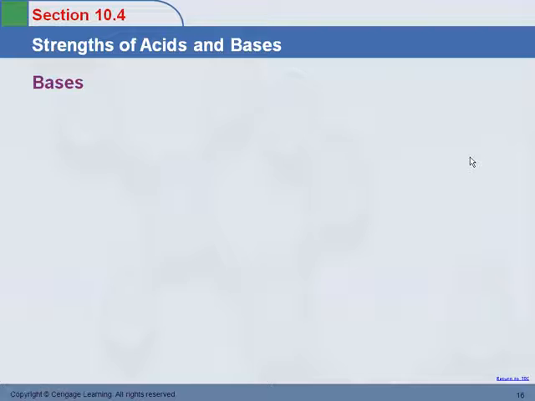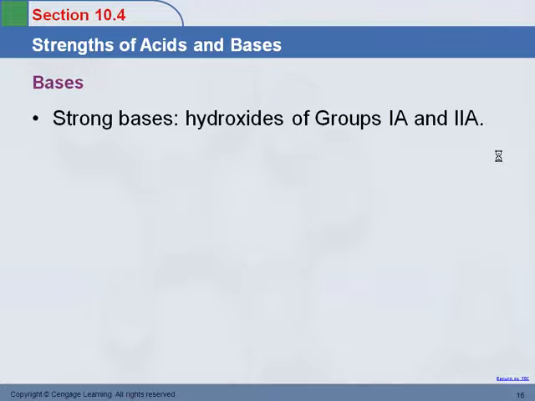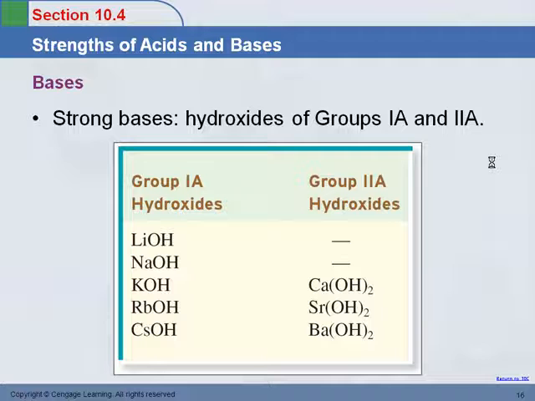Bases: strong bases can be found in hydroxides of group 1A and 2A. Notice it's all of the group 1A hydroxides and the heavy group 2A hydroxides. When you look at the periodic table, it's all of that first column minus hydrogen, and francium, minus the first and last rows.